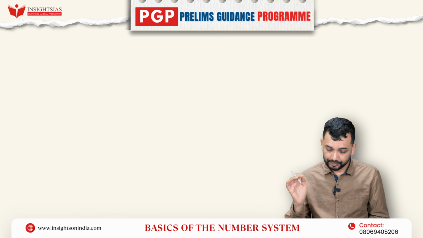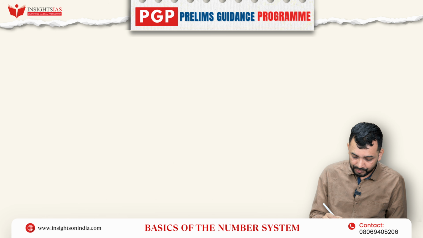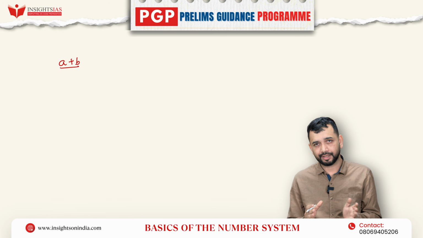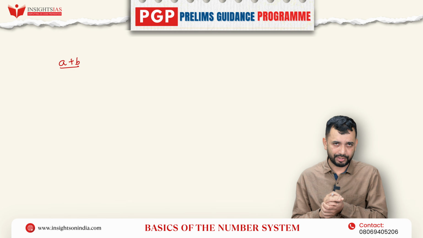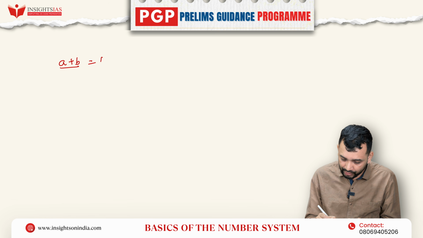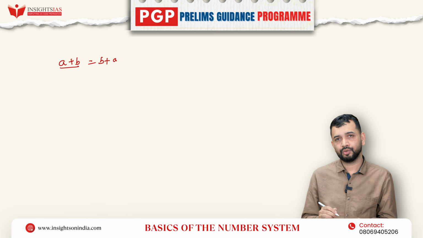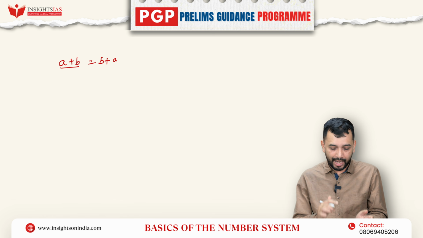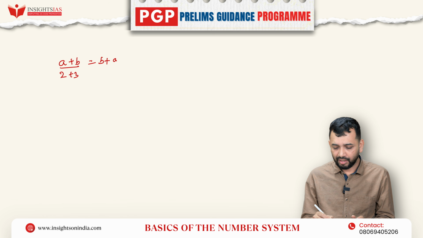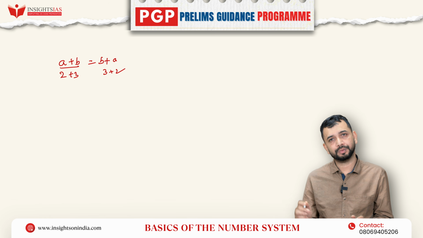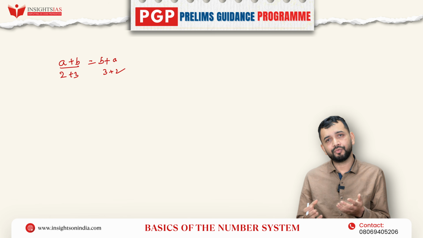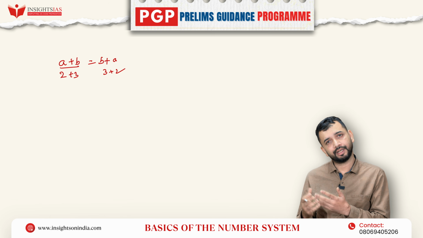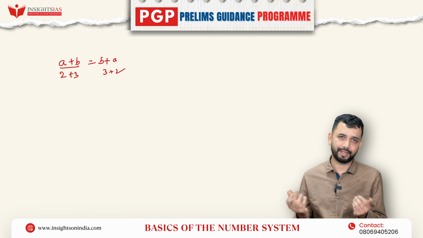So, let's understand. If there are two natural numbers a and b, whenever I write a and b, that means I am talking about two natural numbers. Then a plus b is also equal to b plus a. So, the order does not matter whether you add 2 plus 3 or you add 3 plus 2. Both are the same. Similarly, if it is holding true for addition, then it also should hold true for multiplication.